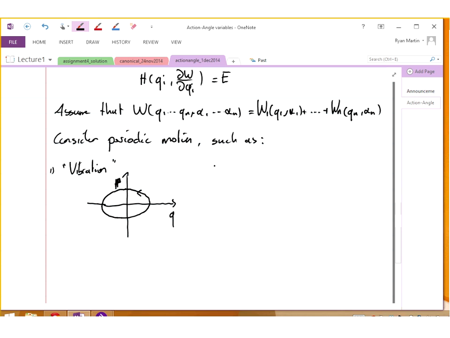The other case that's different is what's called rotation. It's another case of periodic motion. If we draw a rotation in phase space, then the motion will look more like a sine wave.